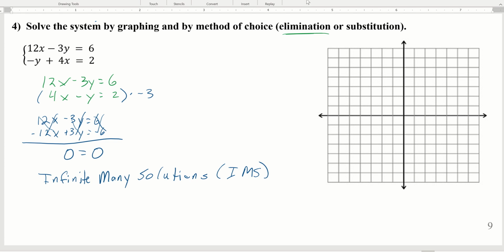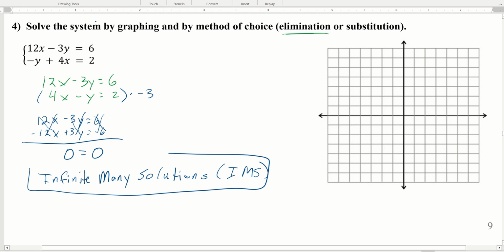I won't go too in depth with graphing these because of time, but you'll notice that if we do the same method that we did for a couple of the other graphs, these guys would end up being on top of each other, not parallel, sorry.